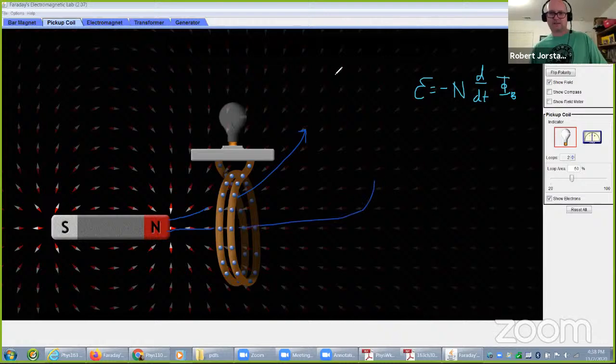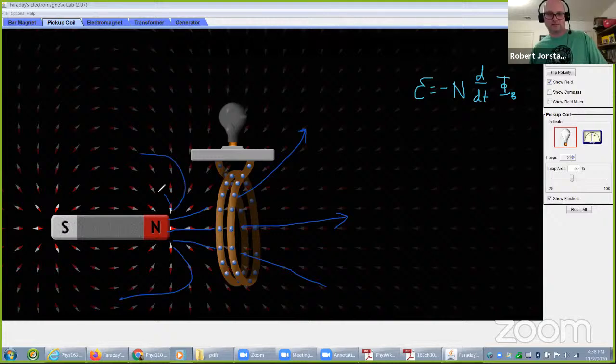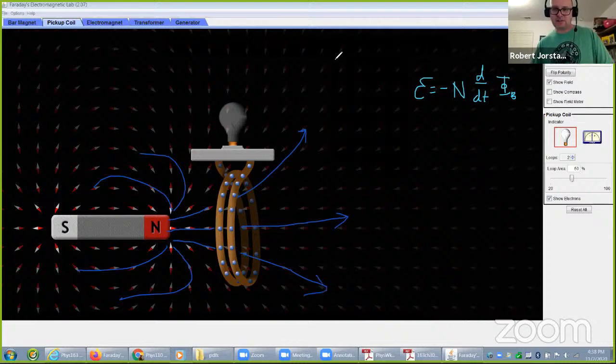So imagine, whoop, that doesn't go that way. The idea here is some of these magnetic field lines go through the loop and some of them do not. So the number of field lines penetrating the surface of this loop, so if I could shade this here, that would be the surface area of the loop.